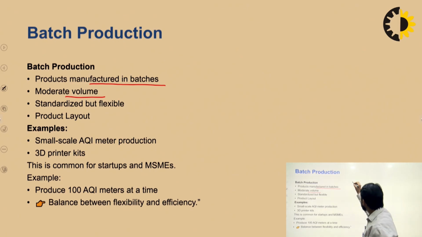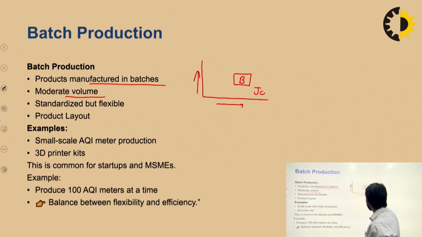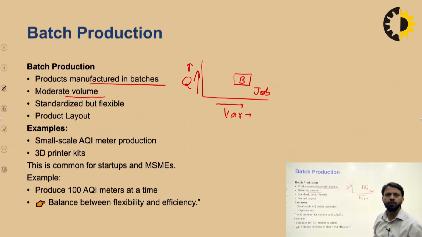The y-axis is increased, the volume of product is increased, and the variety is a little bit less. So here we have batch production, and here job production. Now the variety is reduced a little bit and the quantity has been increased a little bit, and we can opt for a batch type of production system.